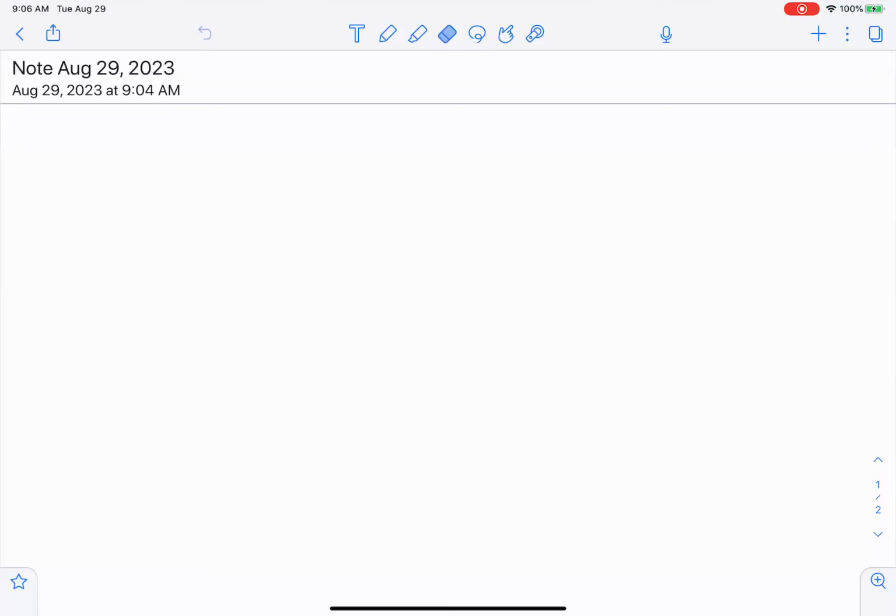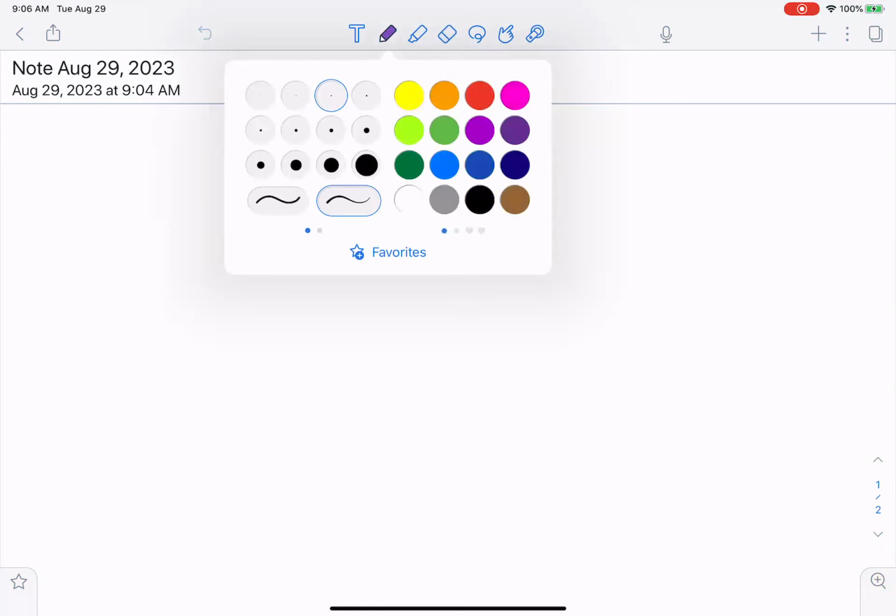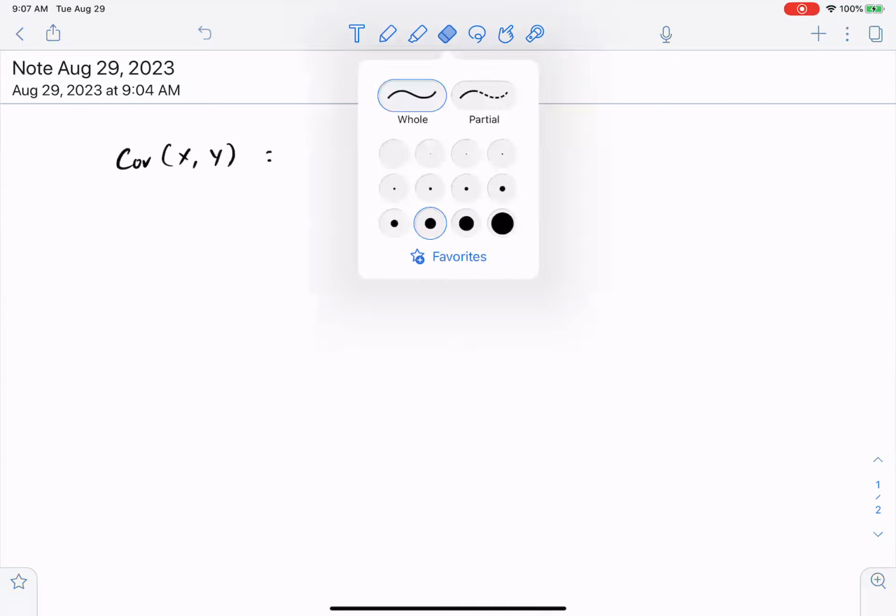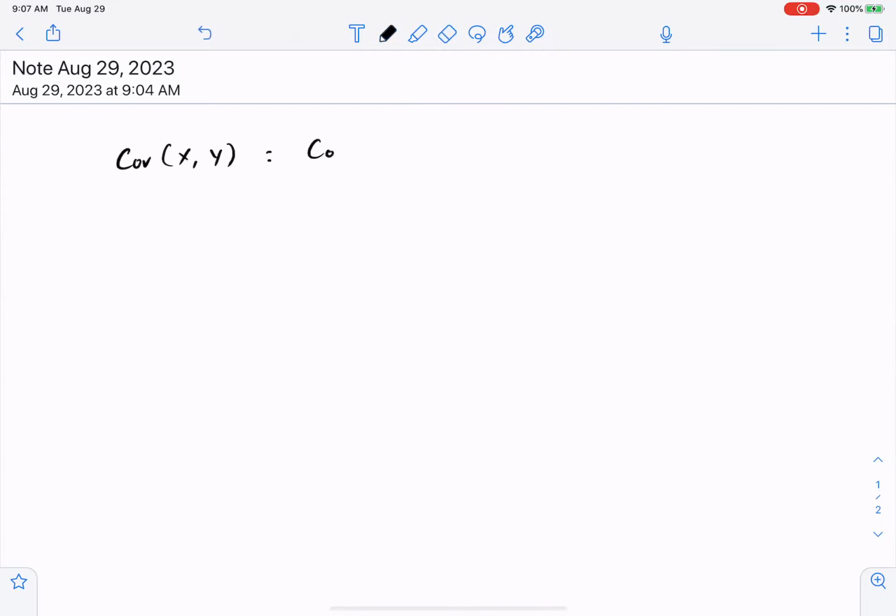So this is where we stopped last time. Covariance of x comma y, two random variables, and I mentioned covariance is related to correlation. And I believe I wrote the expression for correlation, perhaps.